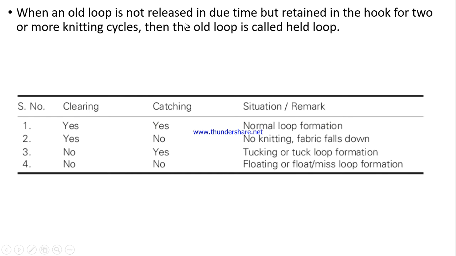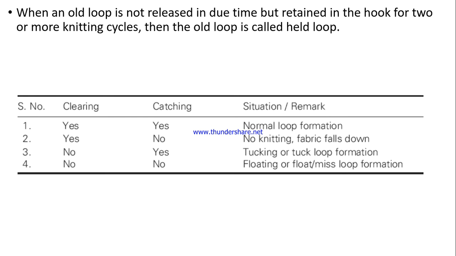When an old loop is not released in due time, or not released means not cleared in due time, that is held by the hook and retained in the hook for two or more knitting cycles. It is supposed to be cleared after each and every knitting cycle.